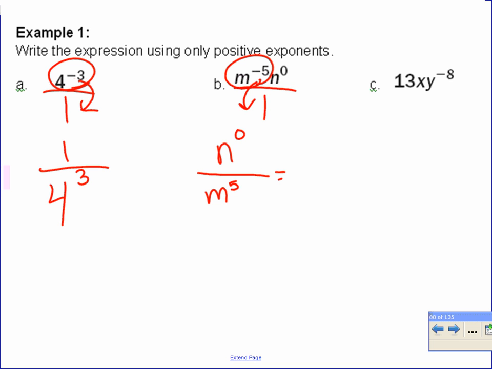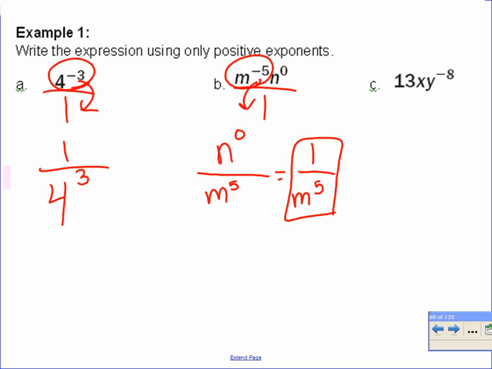Yep. N to the 0 is 1. So your final answer is 1 over m to the 5th. Anything to the 0 power is 1. But before you do that, you want to move your negative exponents. I'm going to show you in a couple minutes what the order of operations for harder exponent problems is to make the steps a little bit easier.